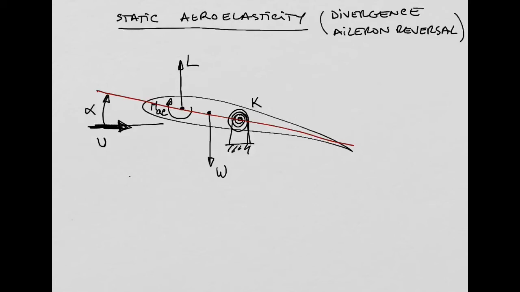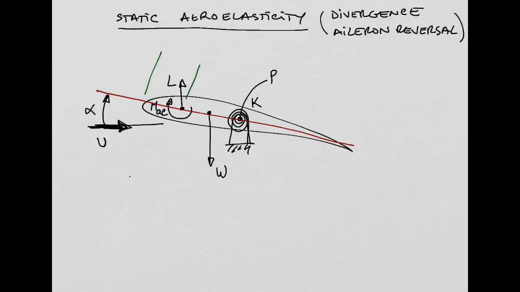What else do we need? Let's say this pivot point, let's call it P. And of course, we need some dimensions here, right? I'm going to try to draw the dimensions in green. Let me put the lift here.